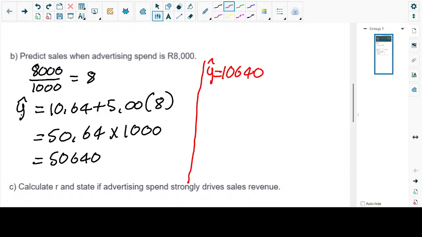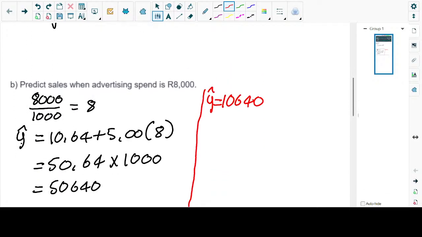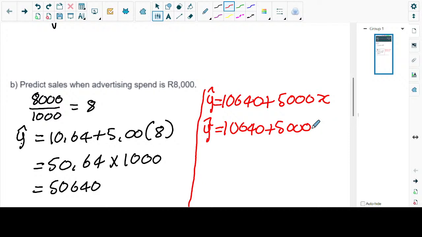Then 5 multiplied by 1,000 gives us 5,000 X. Now we're going to substitute 8,000 here. Y-hat is equal to 10,640 plus 5,000 times 8,000.